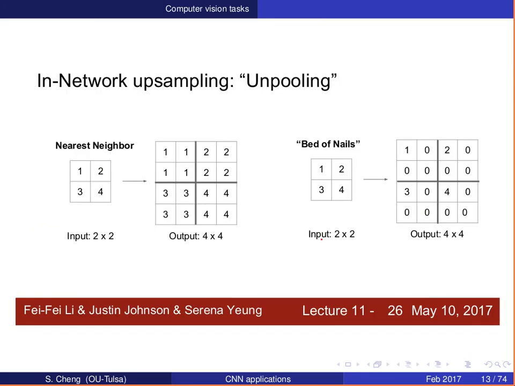When we do upsampling, or unpooling, there are different ways to do that. For example, you can just do nearest neighbor: if you upsample 2x2 to 4x4, you fill all of them, a very simple upsampling, almost like a Kronecker product. Or you can do a so-called bed of nails, where you put one of these 4 coefficients and fill zeros for the rest.